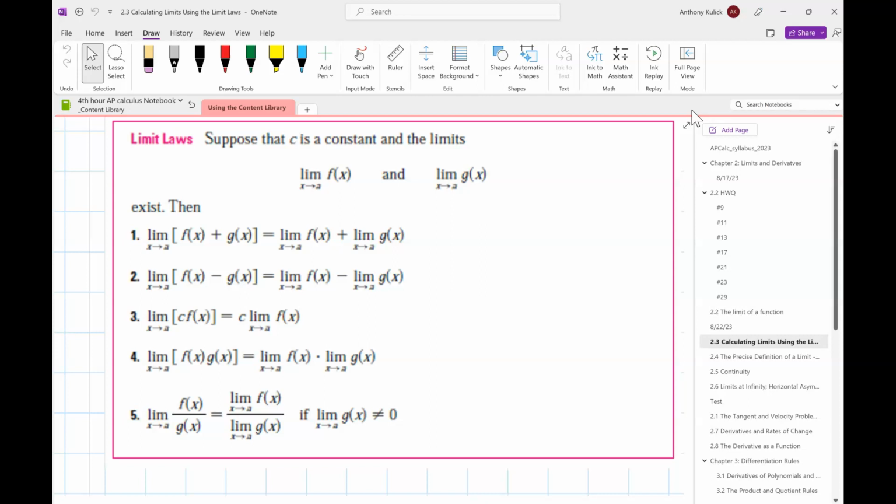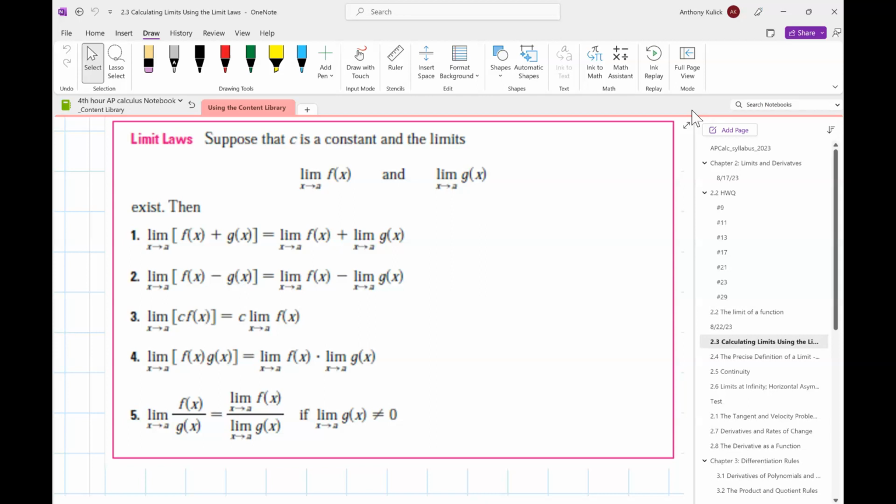So today we're going to build out some algebraic properties that we can use to start evaluating these limits. These first 5 are just our basic limit laws. It says for any limits, the limit as x approaches a of f of x, and the limit as x approaches a of g of x.